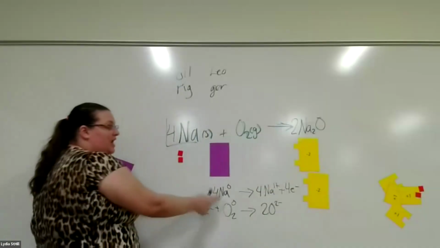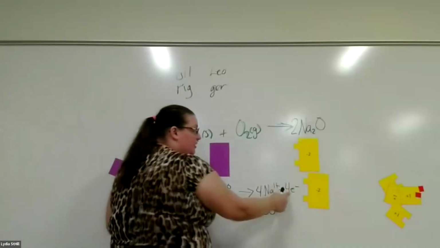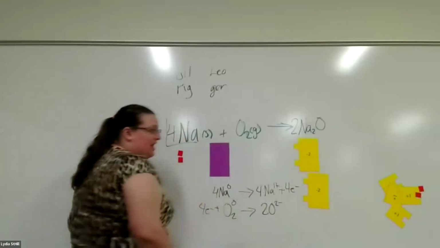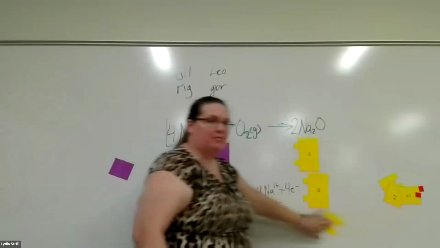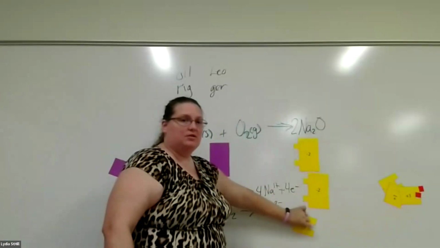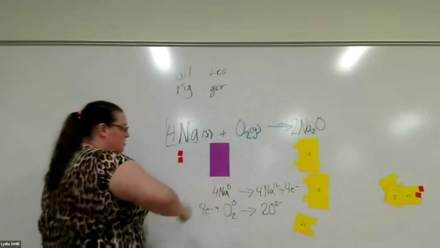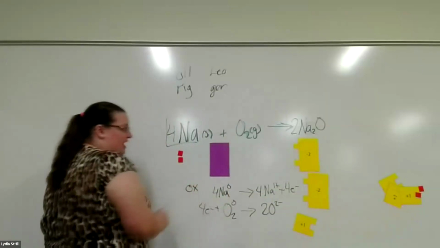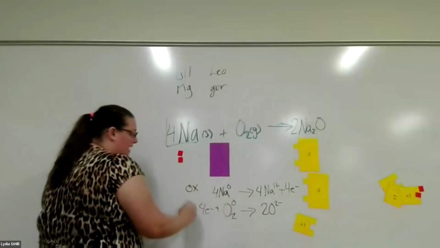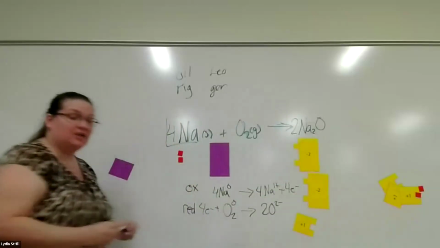And for sodium, we went to not having any to kicking them out, where we lost those, or we had those cards, if you remember, the cards where we've lost those spaces, we lost electrons. So this is known as the oxidation reaction. This one is known as the reduction reaction.